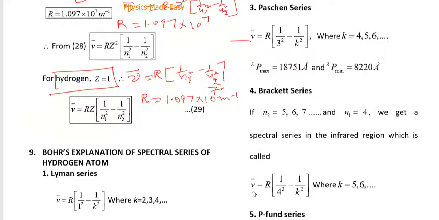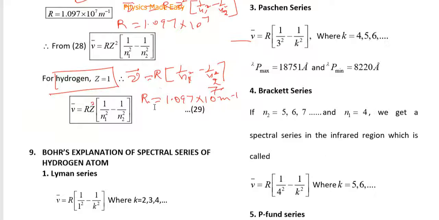wave number, which is here we have got RZ square. Nu bar is equal to R into 1 minus 1. This nu bar is wave number. R is Rydberg constant.